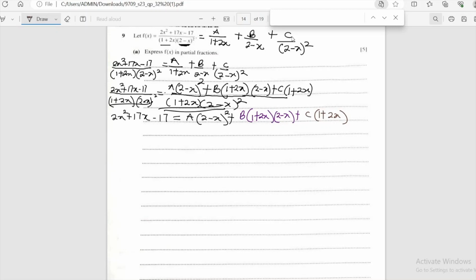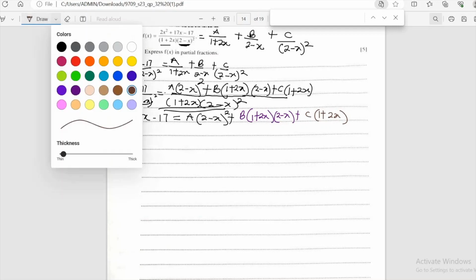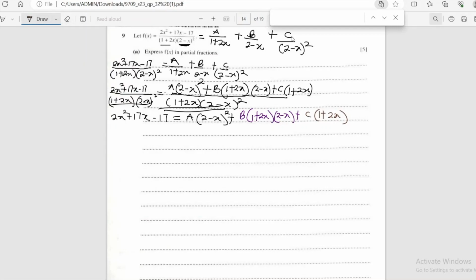So the factor in black beside A, you equate to 0. Put 2 minus x equal to 0, that's the rule. So x will be 2.